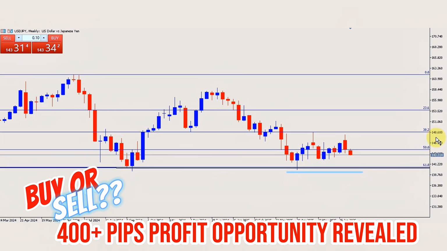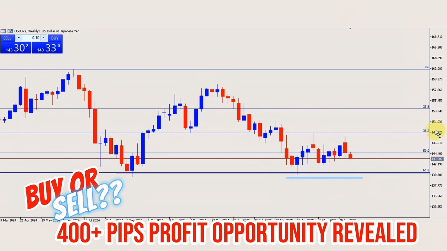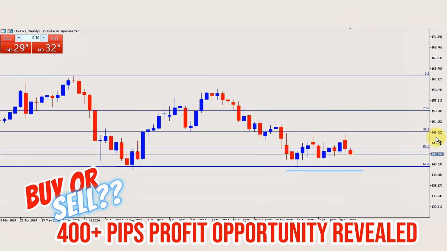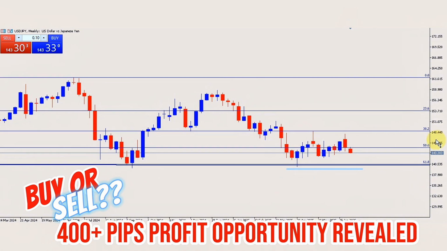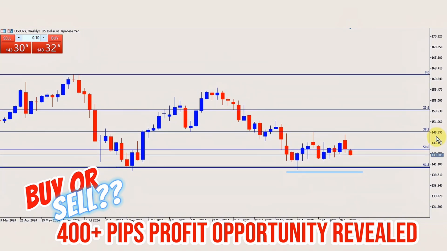It is safe for you to look for pullbacks. You look for rallies, you sell the rallies, and then expect price to decline in your favor, expect price to get you some profit. This is what I consider a high probability trade setup, and I will definitely be taking advantage of it. I don't want you to be left behind.